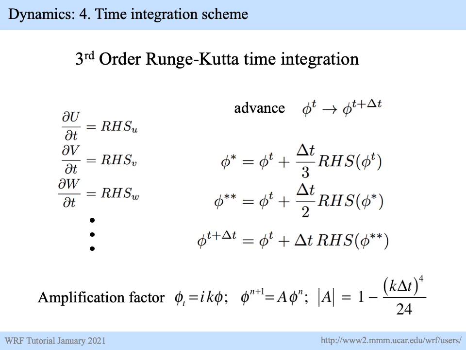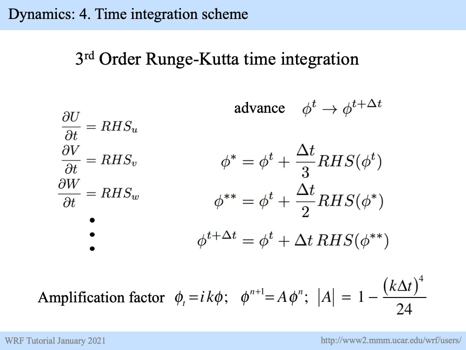And you look at the time discretization on this slide, what you'll see is that the amplitude of the solution after the time step will be 1 minus k delta t over 24, that quantity to the fourth here. And what that means is two things. One is that we know the exact solution should be 1, that the amplitude should be unchanging, it should just be propagating.